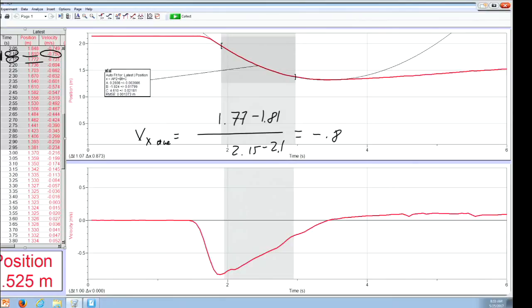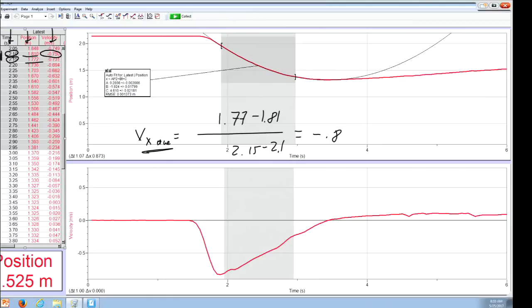The software doesn't measure velocity directly. The software measures only position and time. So these are measurable values, but this value is being calculated. How? Well, exactly like I just did, but more accurately.